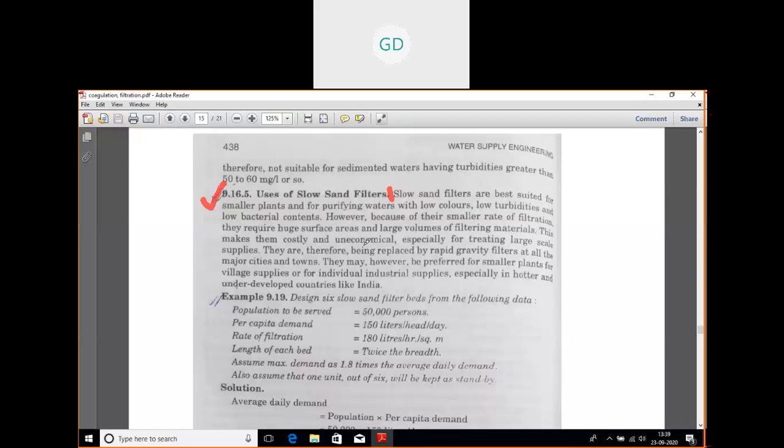This makes them costly and uneconomical, especially for treating large scale supplies. They are therefore being replaced by rapid gravity filters at all the major cities and towns. They may, however, be preferred for smaller plants, for village supplies or for individual industrial supplies, especially in hotter and underdeveloped countries. So you write the uses also from here to here.